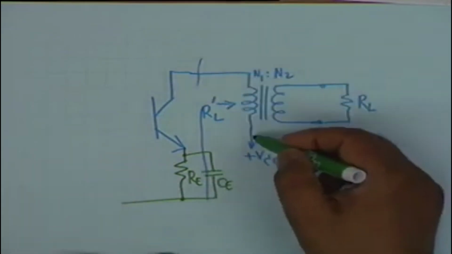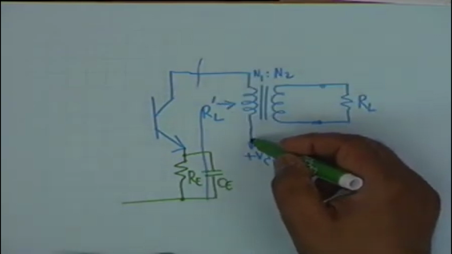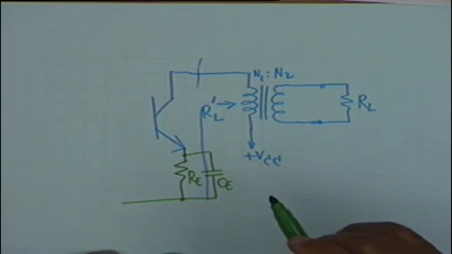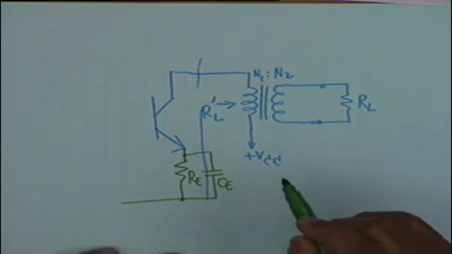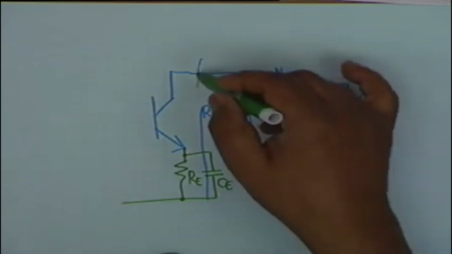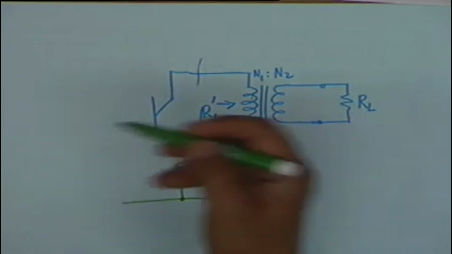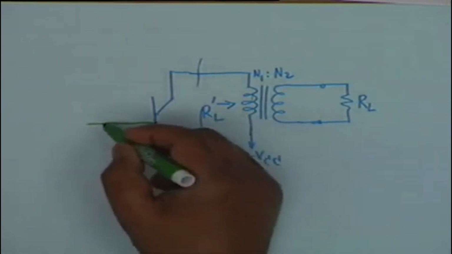From here or from here? From VCC directly. Why? If we take it from here, then we include some resistance here, the winding resistance. We don't want to do that. So we connect directly from here.